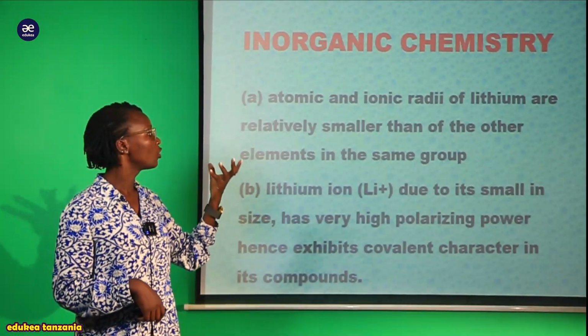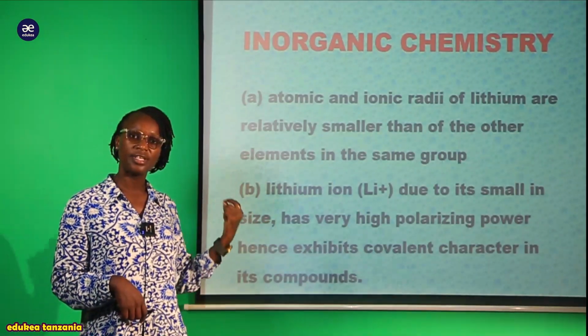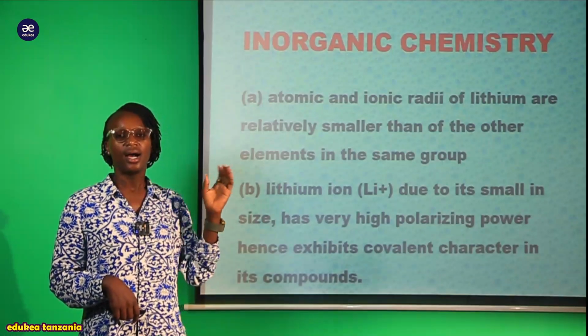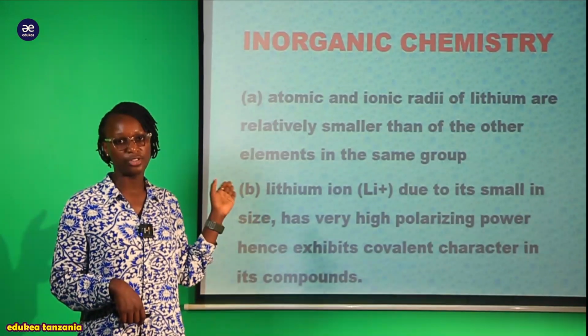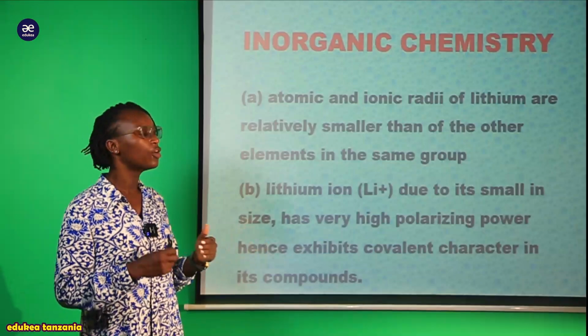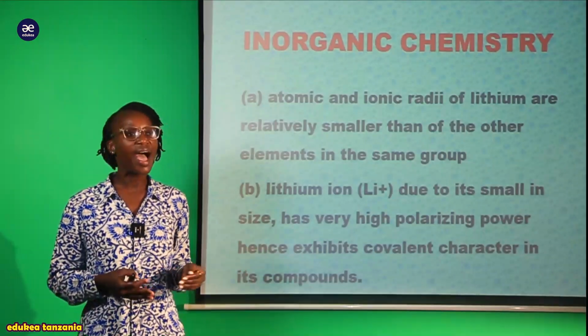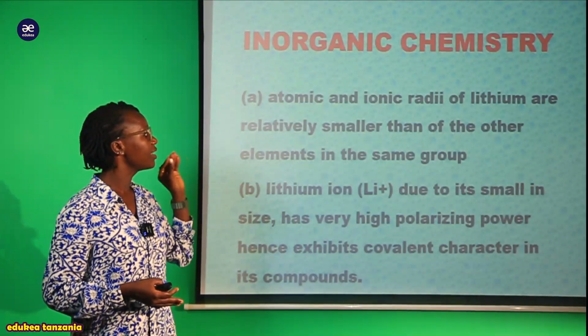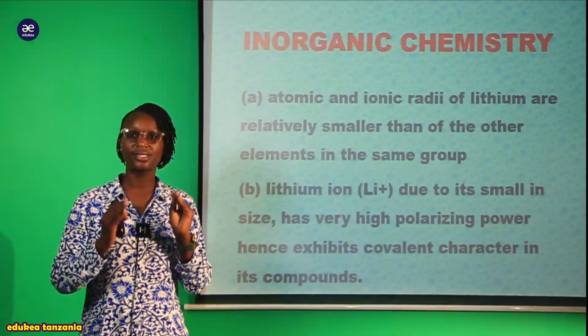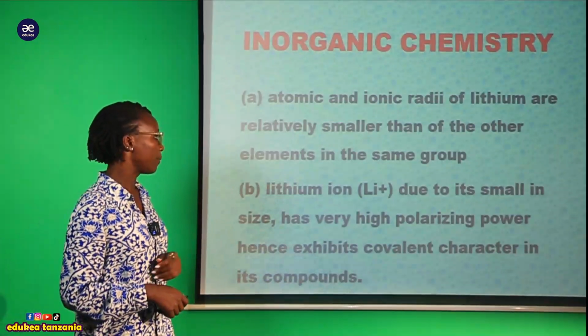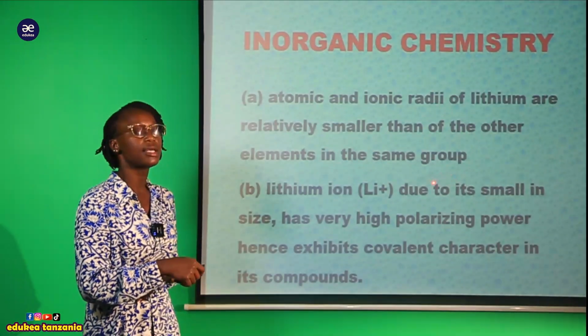Tulishaziona hizo concepts za atomic radii, ionic radii kabisa wakati tunaanza the concept of inorganic chemistry. Tulidiscuss a lot about ionic radii, atomic radii. So now when we talk about atomic radii and ionic radii of lithium, you can see that it is very, very small compared to the other elements in the same group.